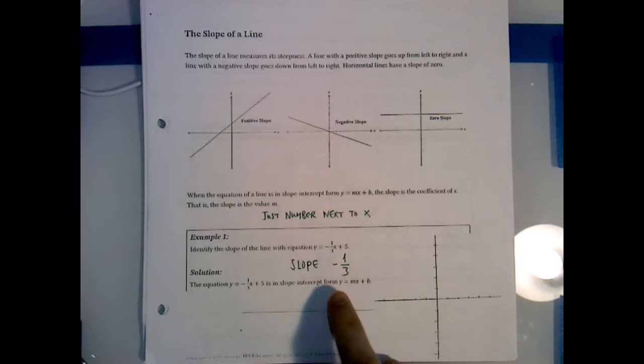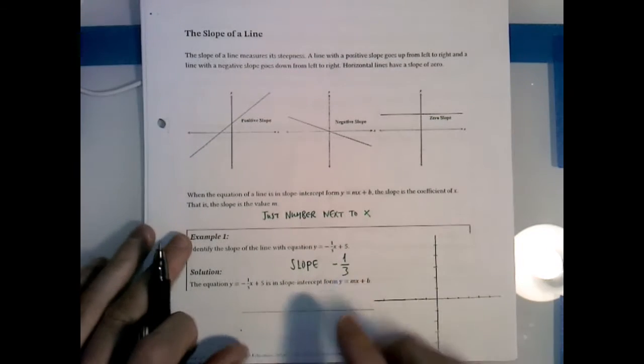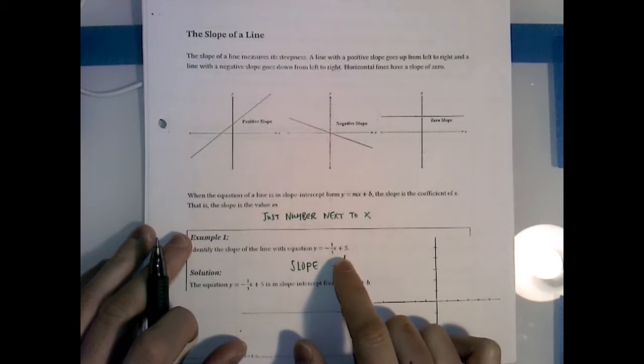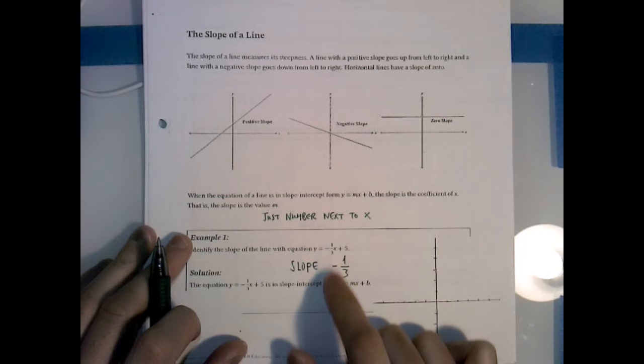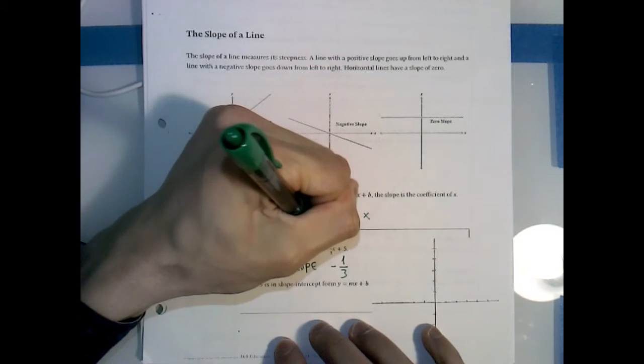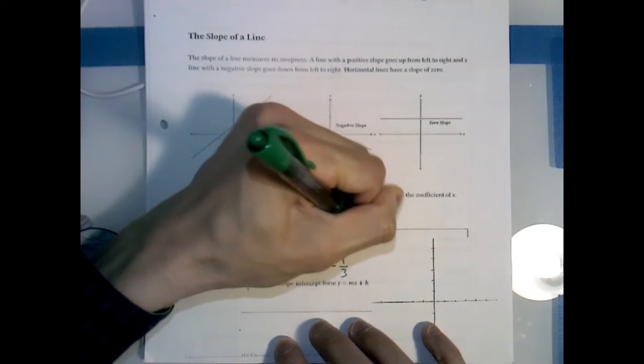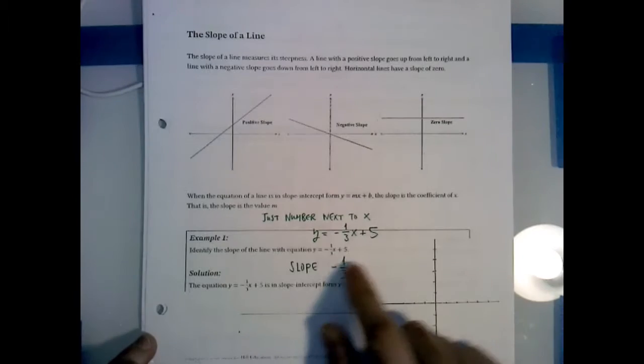Okay, what we want to do is graph the line, but we also want to interpret the line. I apologize if it's a little hard to see. Maybe I'll rewrite it one more time: y equals negative 1/3 x plus 5.